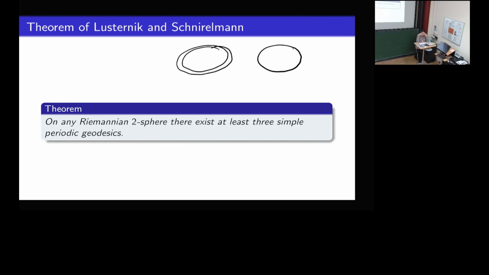So in this particular case, the reason that we will get three is actually because they are simple. And because they are simple, if topology guarantees us the existence of three distinct critical points, we can be sure that it's not going to be the same geodesic just going around many times, because that's not possible, they're simple.